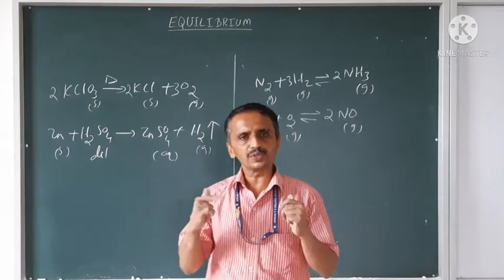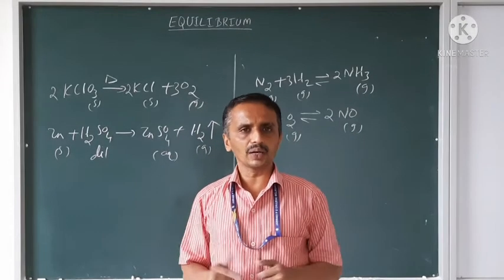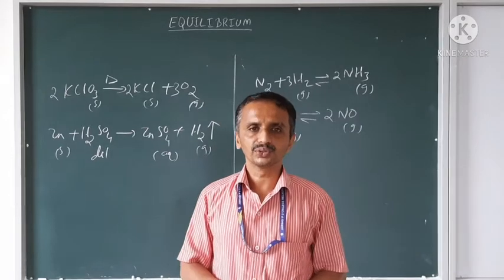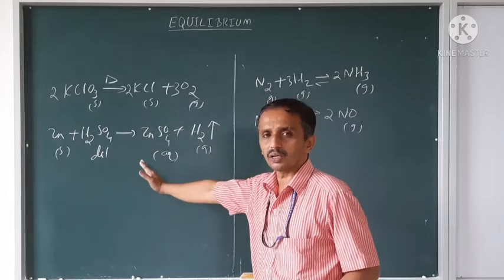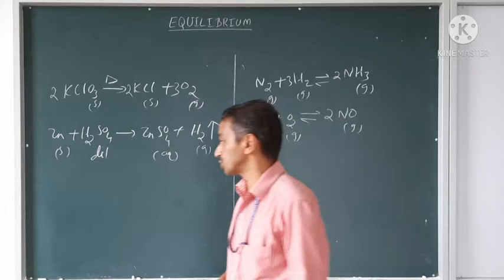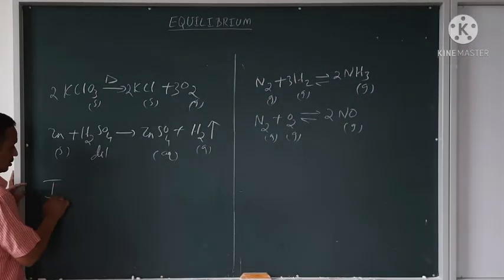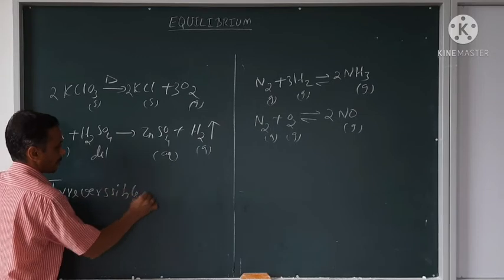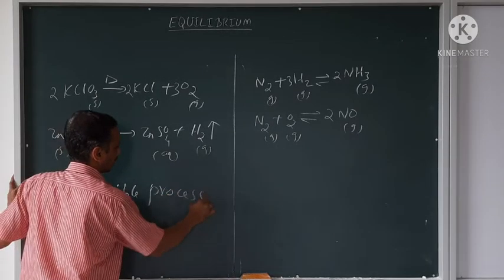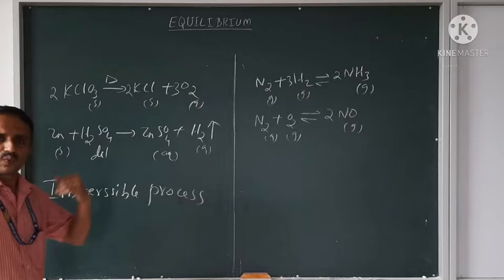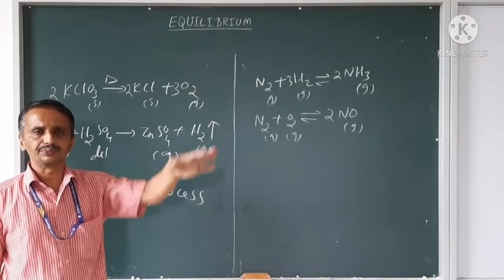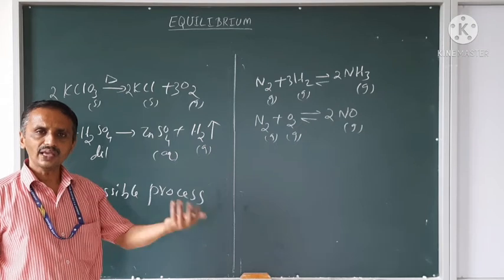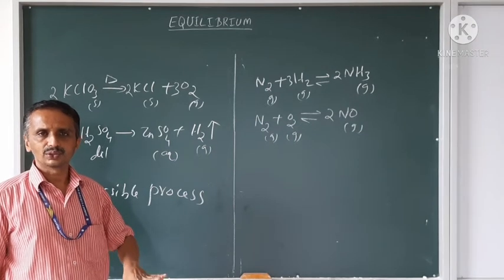Or when firewood is burnt, I get ash and carbon dioxide, but from that mixture I cannot get back the firewood. This type of reaction is called an irreversible process. Note this, irreversible process. Once finished, it is finished forever. If we die, finish, then we cannot come back. So it's irreversible only.